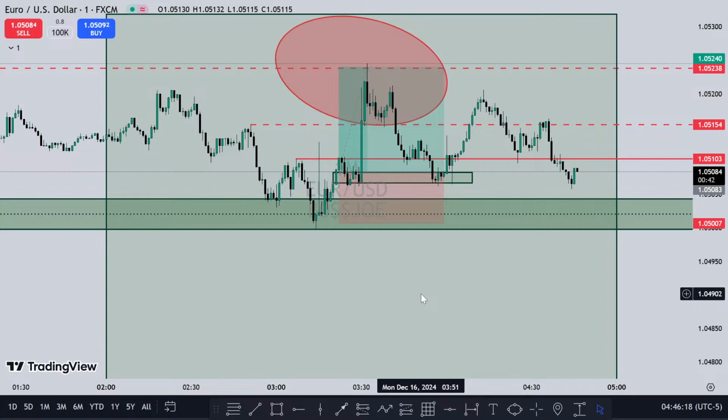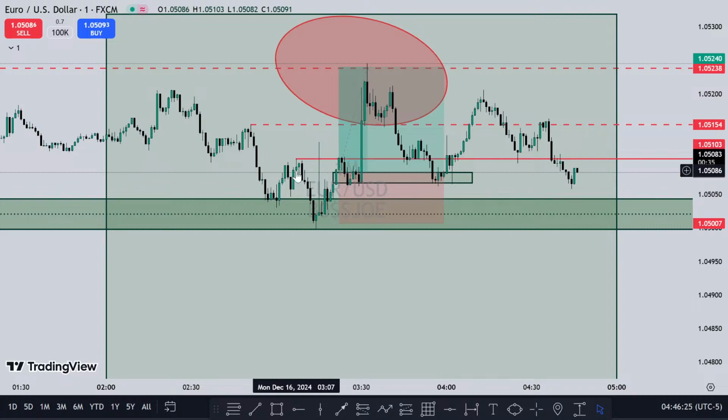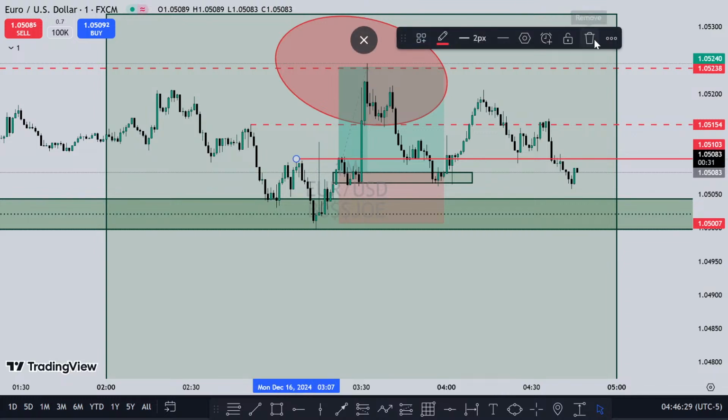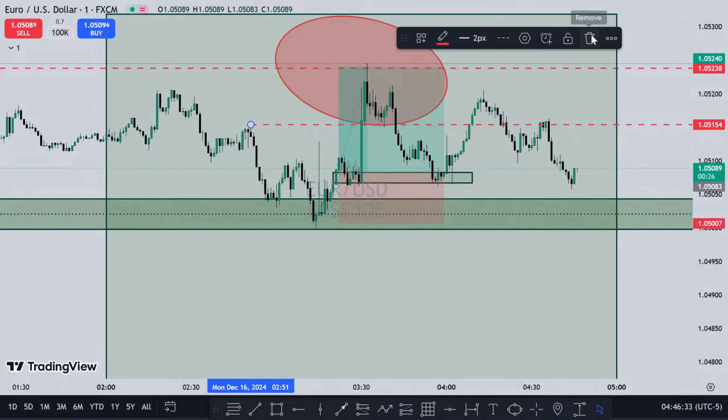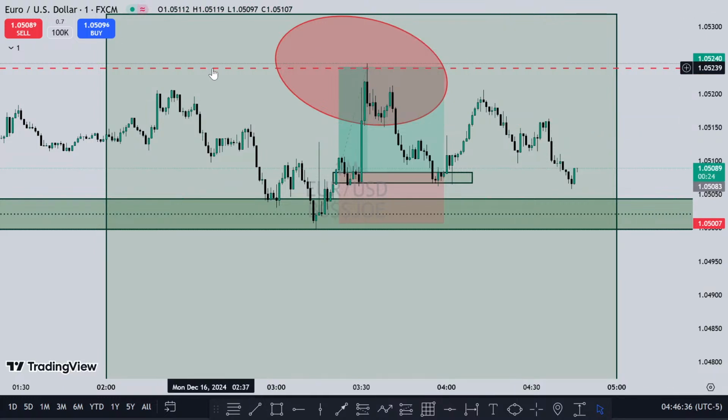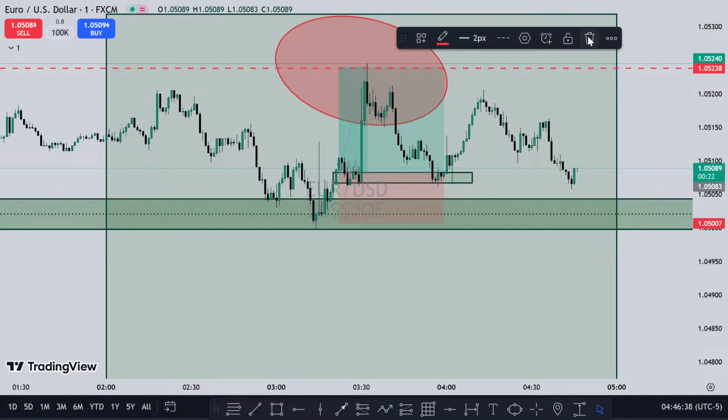The least you can scale down is 15 minutes. Once you see a fair value gap, you wait for price to come back to that fair value gap. Then once it comes back, it will create an opposing liquidity. Once it creates an opposing liquidity, you now wait for the change in that liquidity.